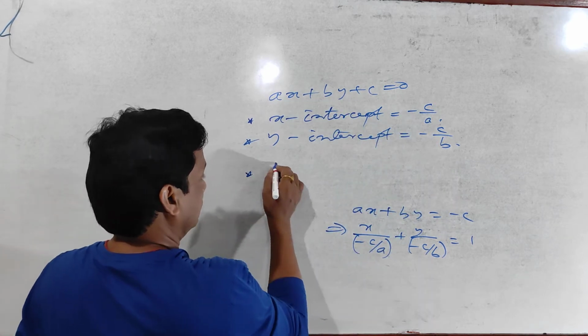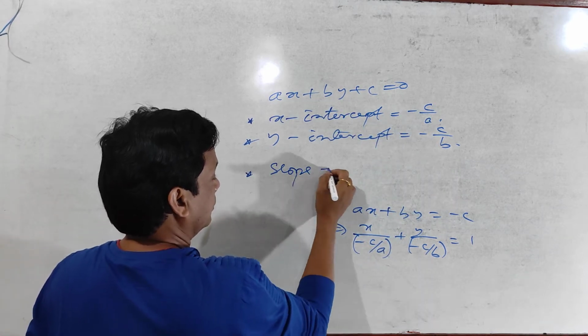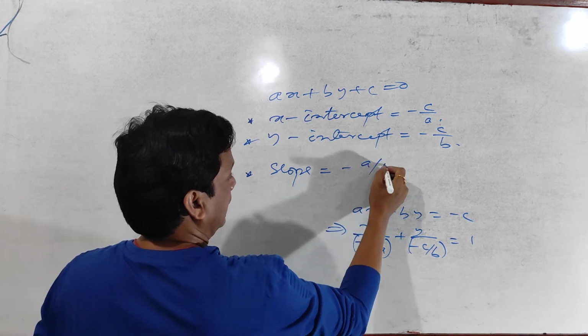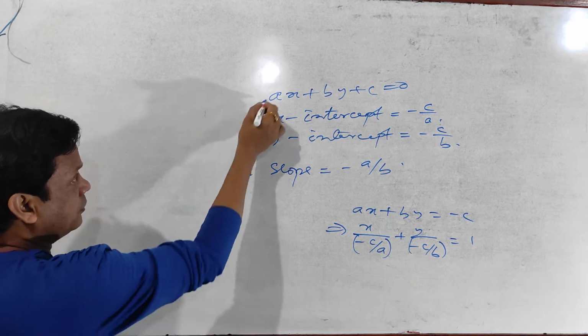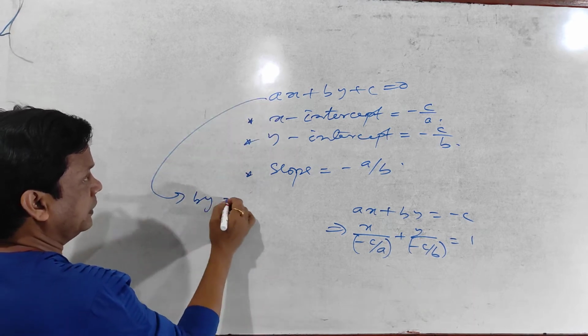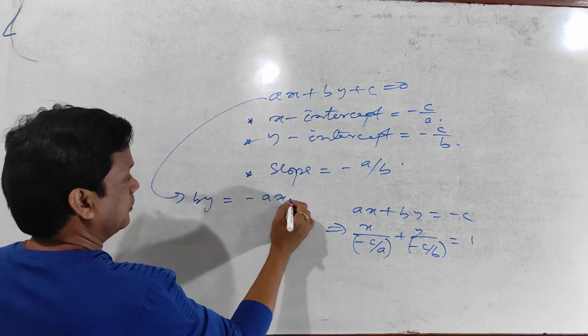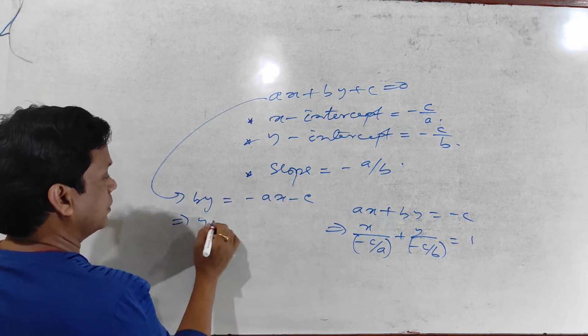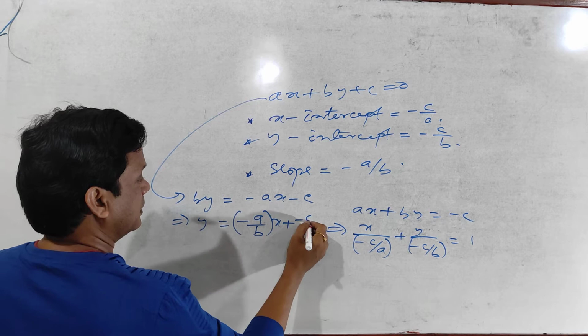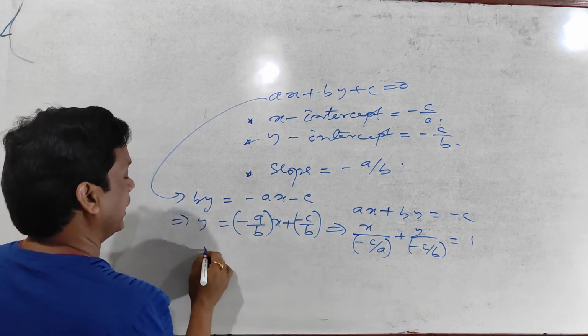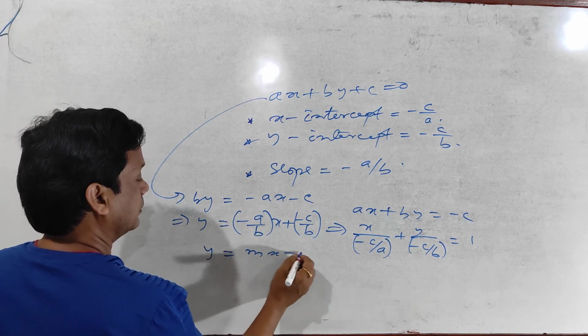And what is the slope? Slope is equal to minus a by b. How am I writing this one? See here, I am writing this equation as by is equal to minus ax minus c. So y is equal to minus a by b into x plus minus c by b. Compare with y equals mx plus c.